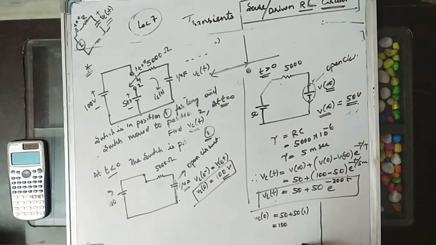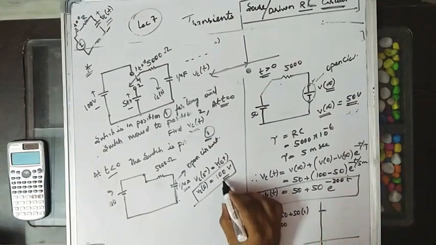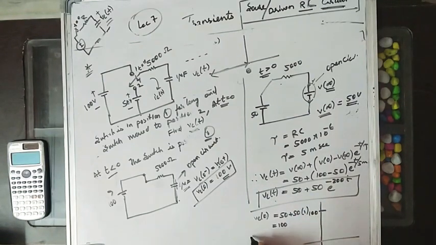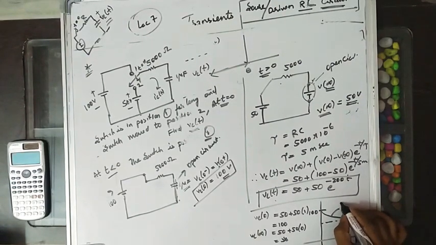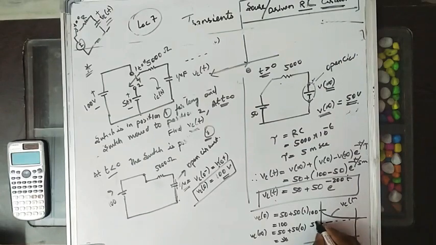So at t equal to 0, the voltage across the capacitor is 100. Vc of infinity is 50 plus 50 times e power minus infinity, which is 0, so this becomes 50. This is reached after a finite interval of time, reaching steady state. This is Vc of t, and this is 50.